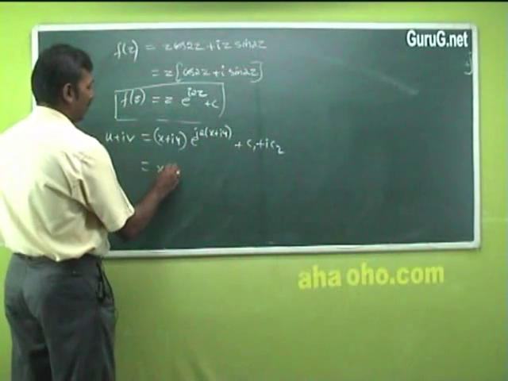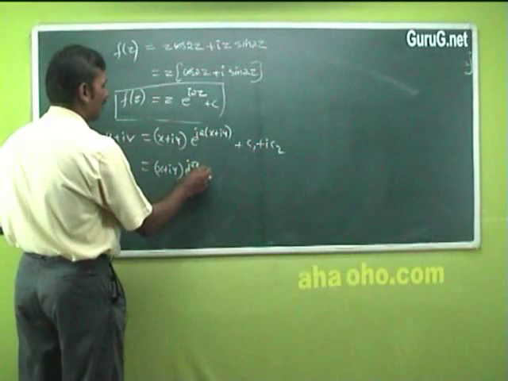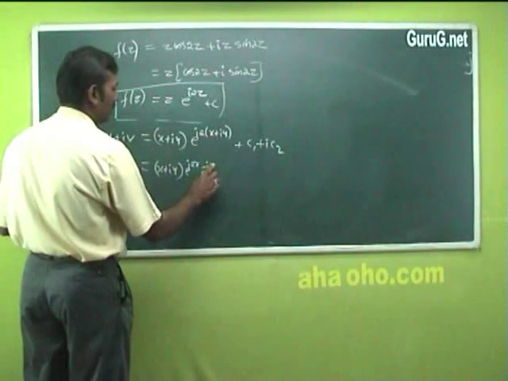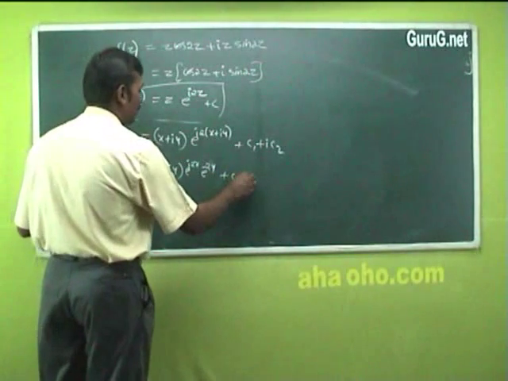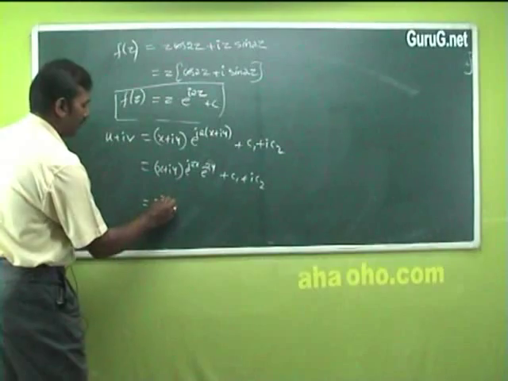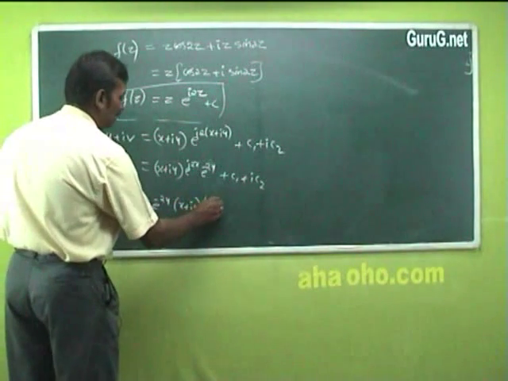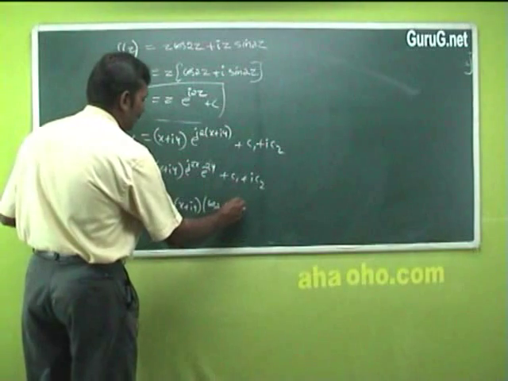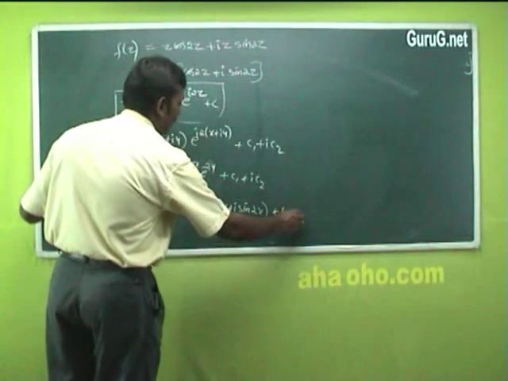So x plus iy into e power i2x e power minus 2y plus c1 plus i c2. So e power minus 2y into x plus iy into cos 2x plus i sin 2x plus c1 plus i c2.